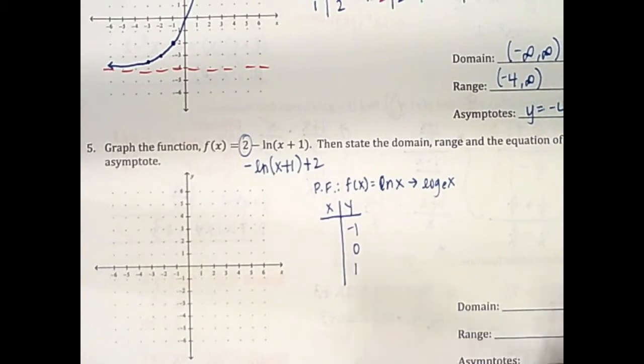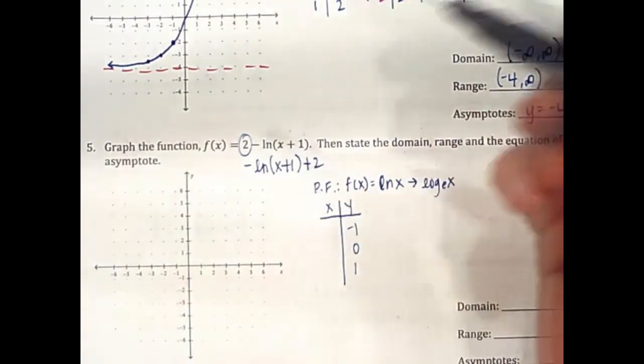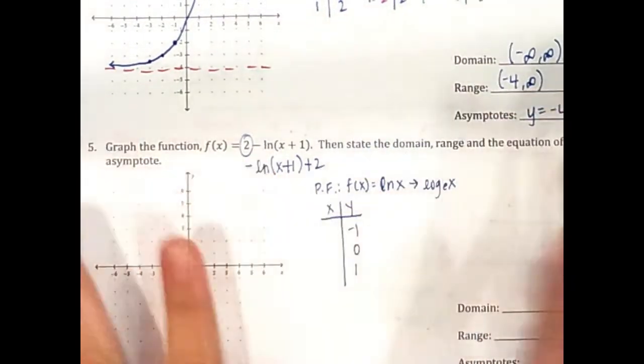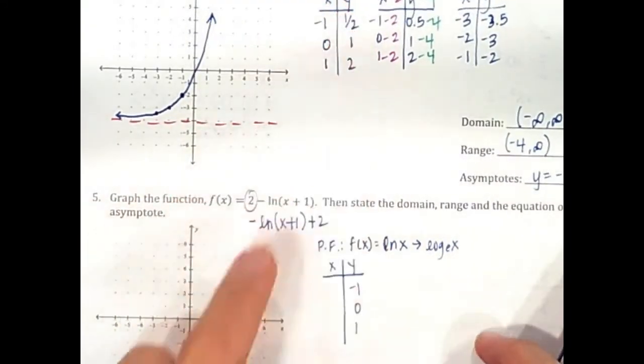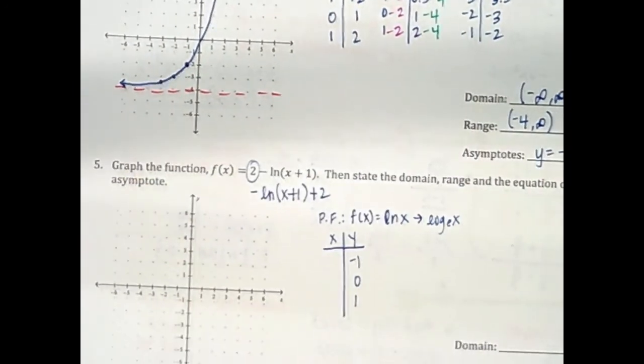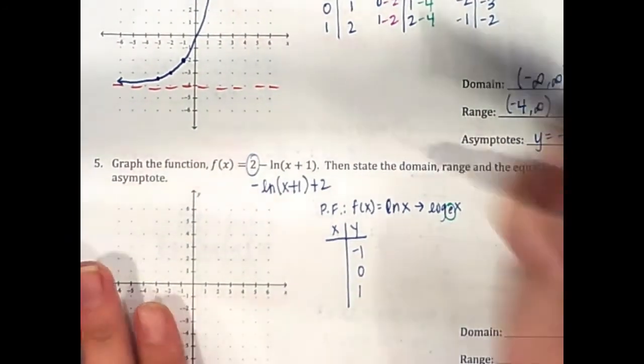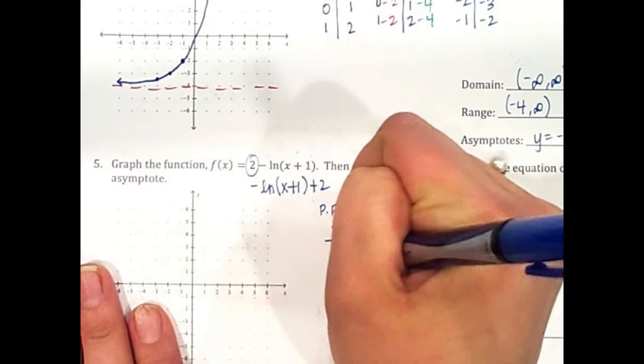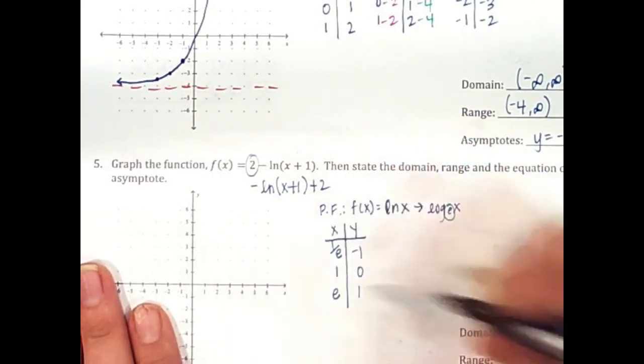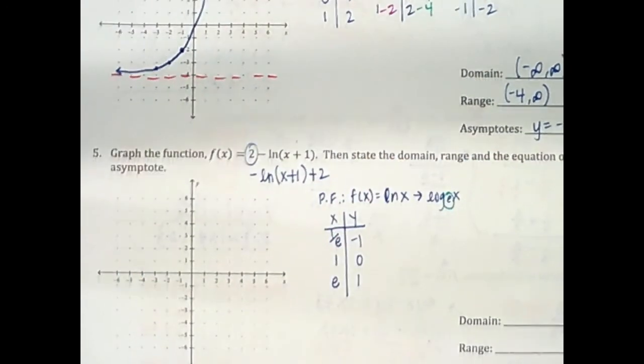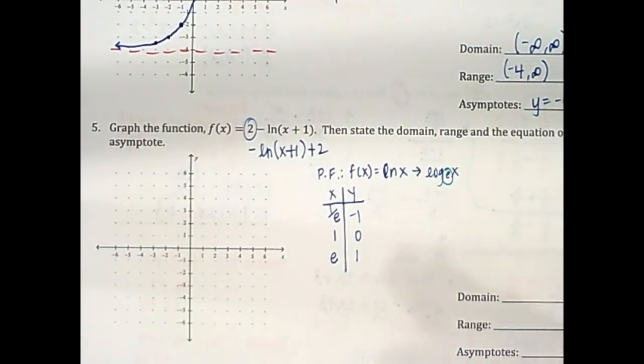Where this was 1 over a, it's going to be the same thing, where a is my base here, which is e. So it would be 1 over e, 1, and e. Okay, so tackling the table, I'm sure, is like half of the battle.